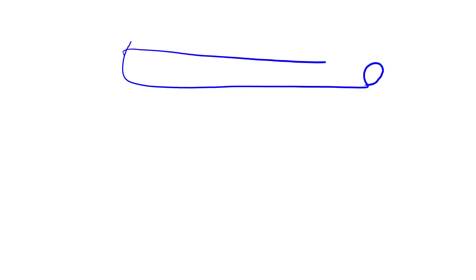For example, let's say we have a rod. Let's draw it like this. You have something like this, a metal object. So this metal is made up of very tiny particles.